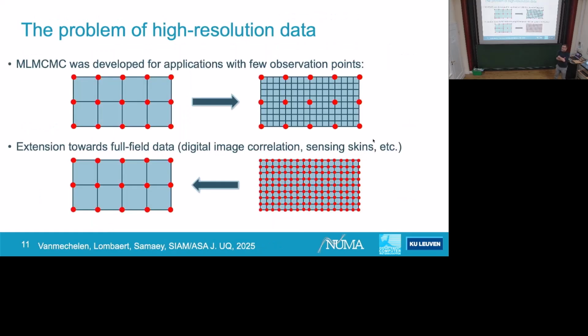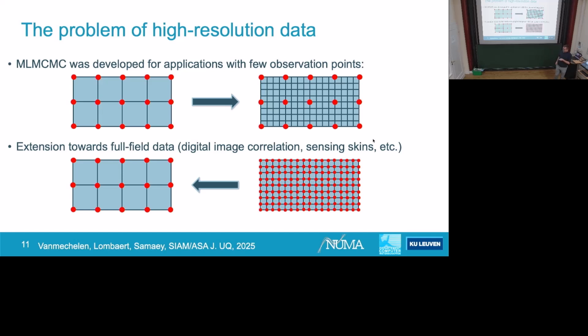But now, multi-level Markov chain Monte Carlo was developed in situations, typically groundwater flow and stuff. You have a few places where you drill and you have measurements, but not a lot compared to the resolution of the mesh. Whereas here, we have full field data somehow.